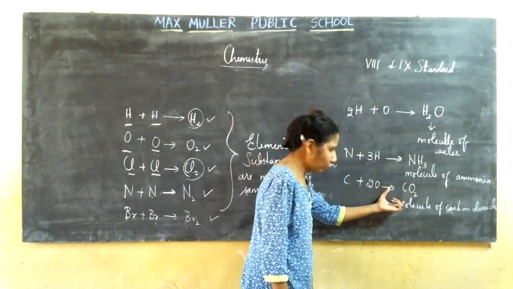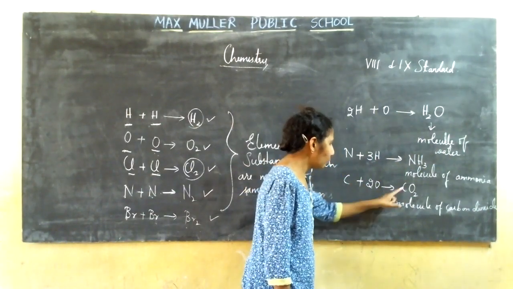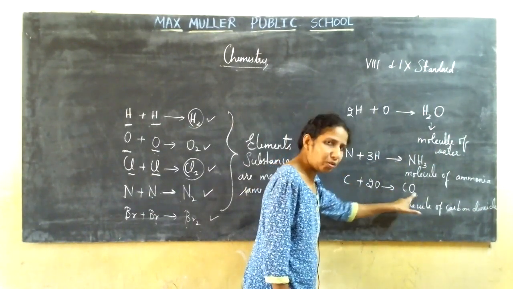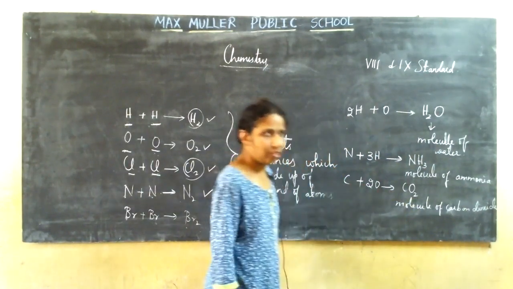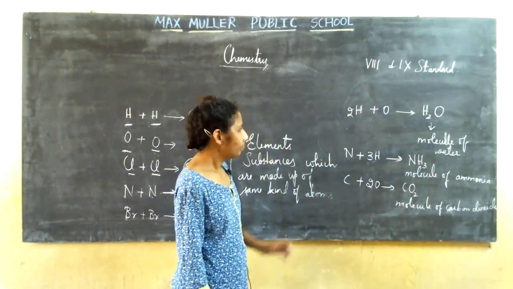So this molecule of carbon dioxide contains 1 atom of carbon and 2 atoms of oxygen. Did you people understand this?